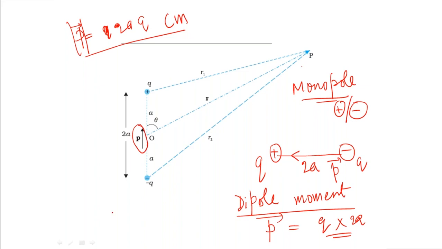If I have a point charge Q, the potential for this point charge is Q by 4 pi epsilon naught into the distance where I am calculating the potential.